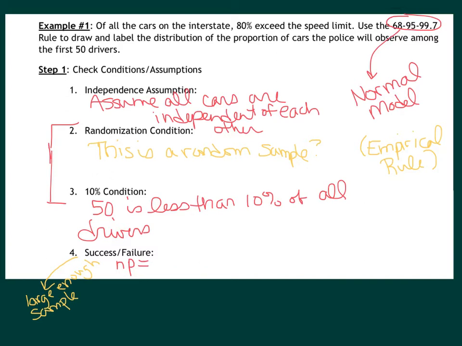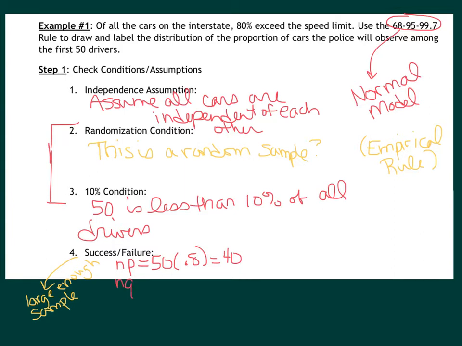So we are going to expect that we will get 50 times 80% of the drivers, which is 40, to be speeding. So that one is going to be our expected number of successes.